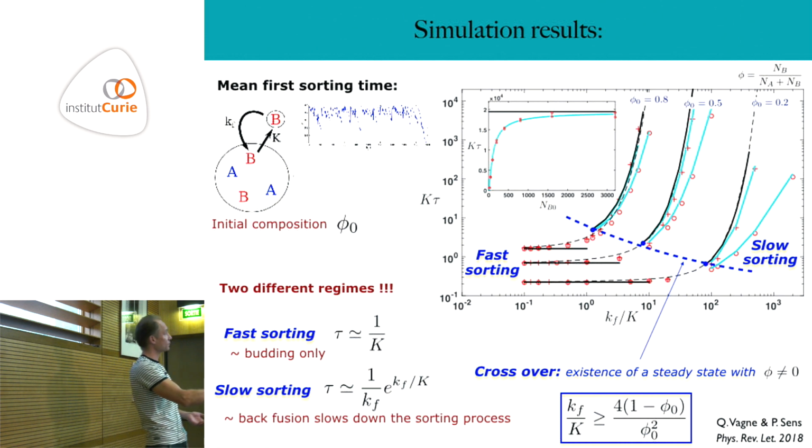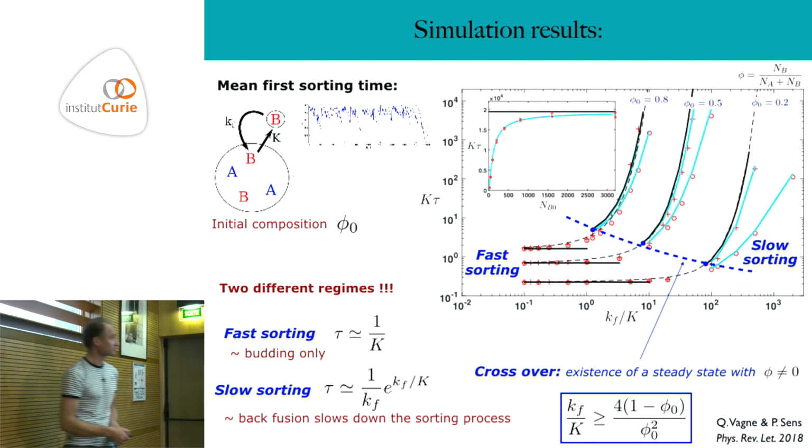So this is a very slow sorting. So you can see here the sorting time as a function of the ratio of fusion to budding rate. Initially, it's independent of the fusion, and when fusion starts becoming important, this sorting time becomes exponential. So you get a fast sorting regime and a slow sorting regime with a boundary that you can work out analytically.